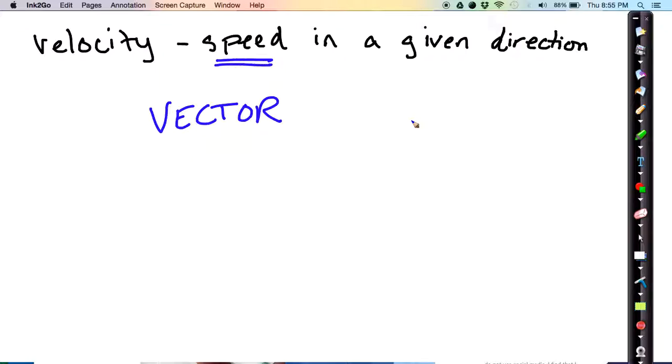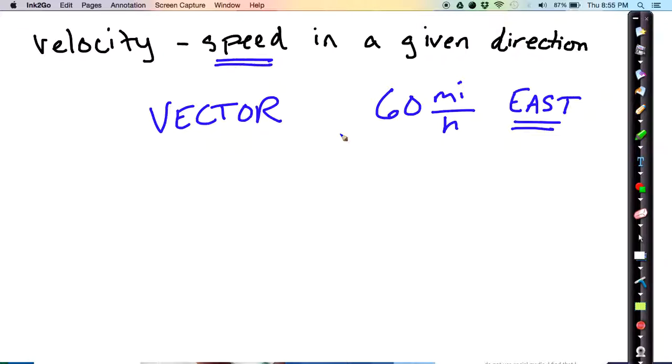So when we did our calculation previously and found that our average speed was 60 miles per hour, that's only a magnitude. To make that into a description of velocity, we have to specify the direction of travel. So if we had 60 miles per hour east, we are now indicating the direction of travel as well as the magnitude of our speed.